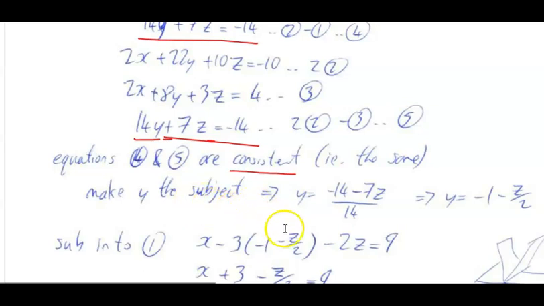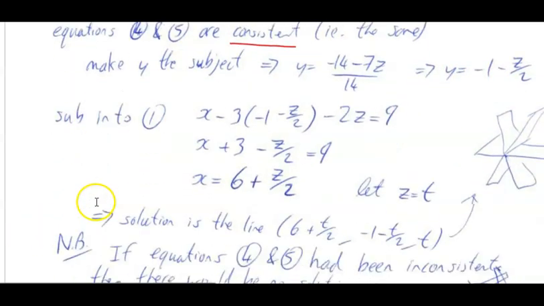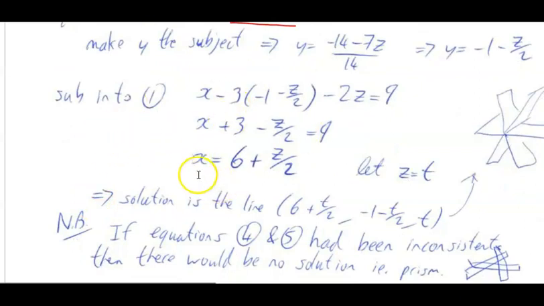But I'm going to make y the subject, and I get y is equal to (minus 14 minus 7z) all over 14, which can be tidied up as y is equal to minus 1 minus z over 2. And then we put that back into the equation 1. A wee bit of rearranging, you get x is equal to 6 plus z over 2. And then we let z equal t.